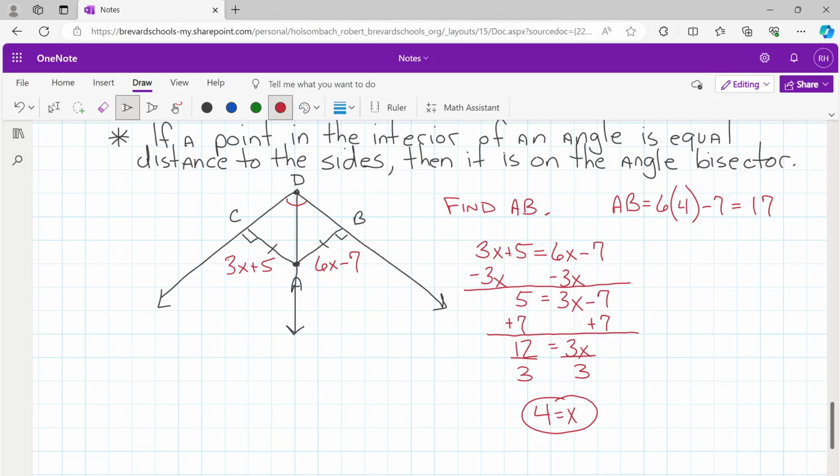So the two key concepts are: if a point is in the interior of an angle and it's the same distance from both sides, then it's on the angle bisector and these two angles are congruent.